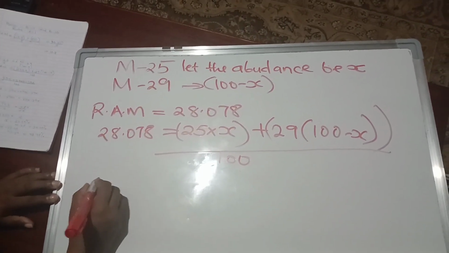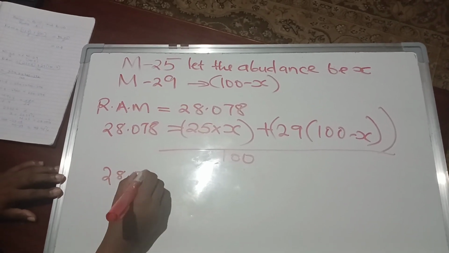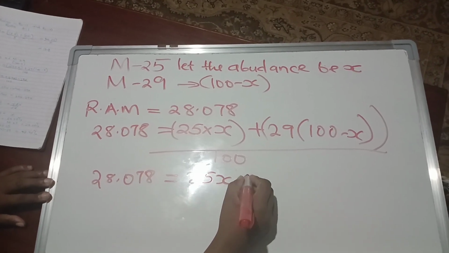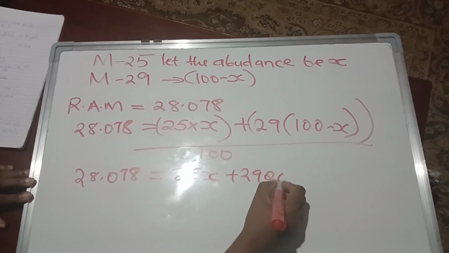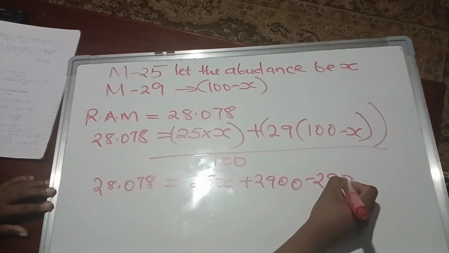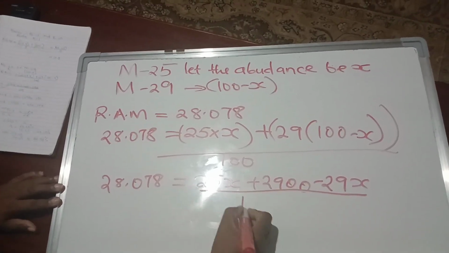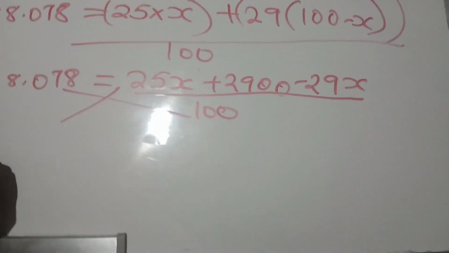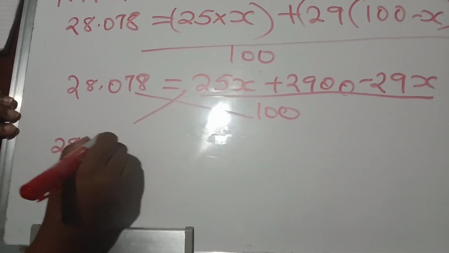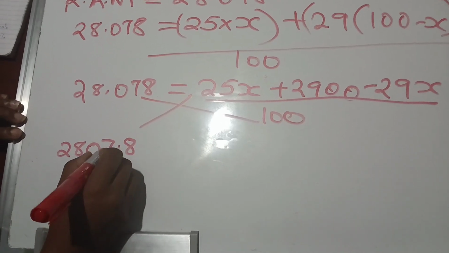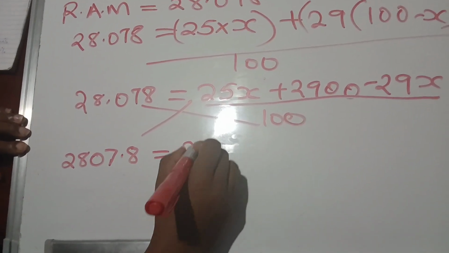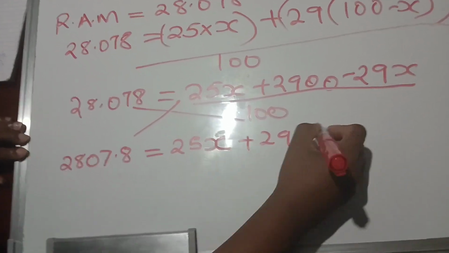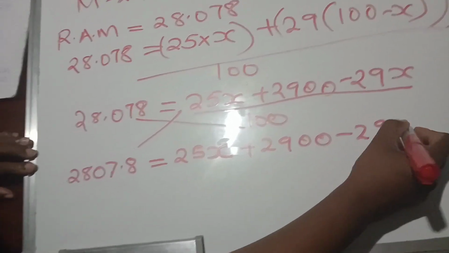So 28.078 equals 25x plus 2900 minus 29x, all this over 100. Remove the denominator. This is going to be 2807.8 is equal to 25x plus 2900 minus 29x.